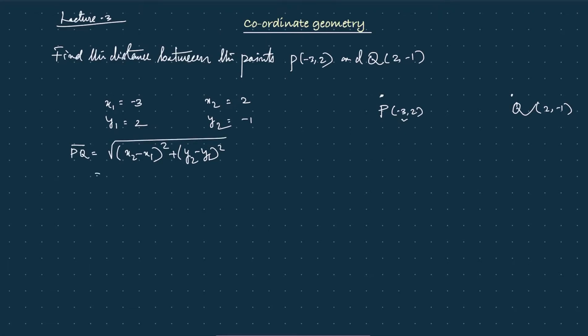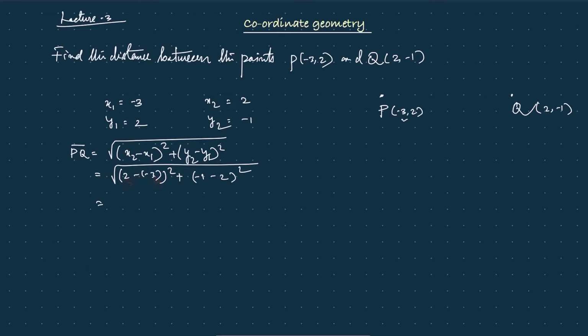So x2 means 2, minus x1, which is -3, whole square, plus y2 minus y1, where y2 is -1 and minus 2, square. Minus into minus is plus.